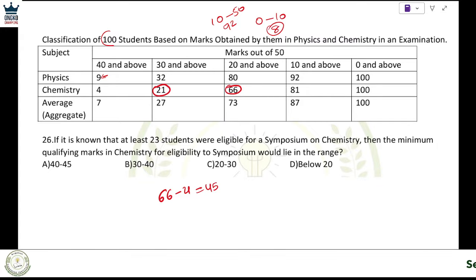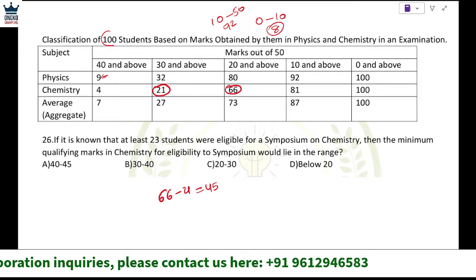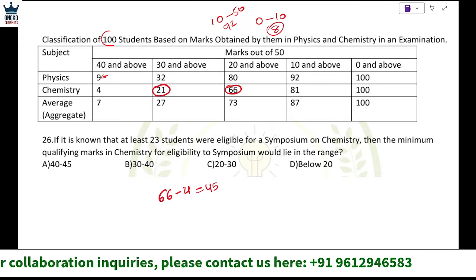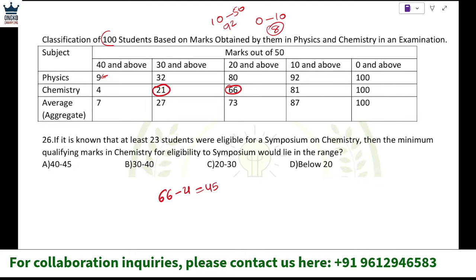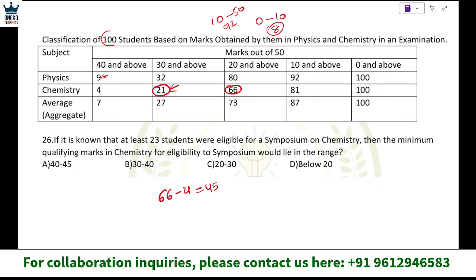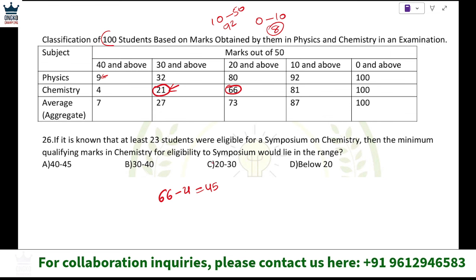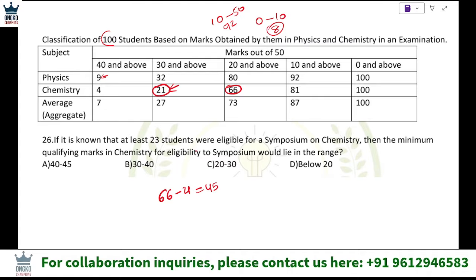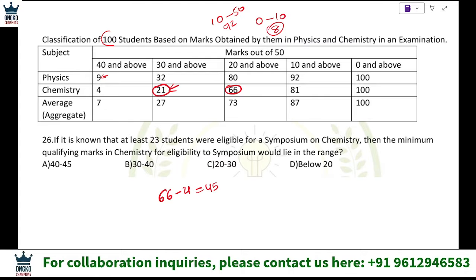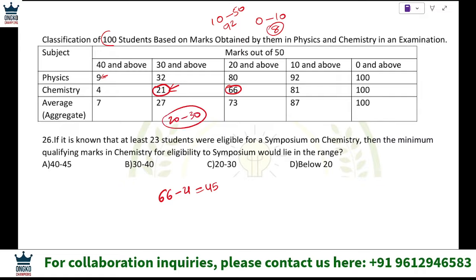Yes. Now again, the number of students who scored 30 and above is what? 21. So the question says at least 23 students were eligible. Then the minimum qualifying marks must be in the range of 20 to 30. Right, in 20 to 30, more than 23 students will be there. So 20 to 30 is the answer.